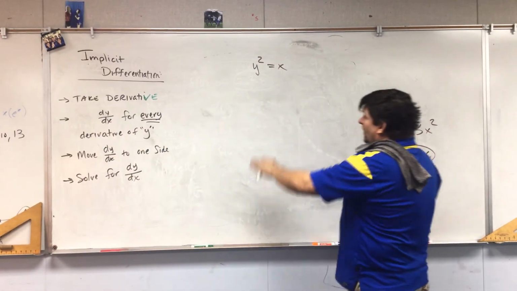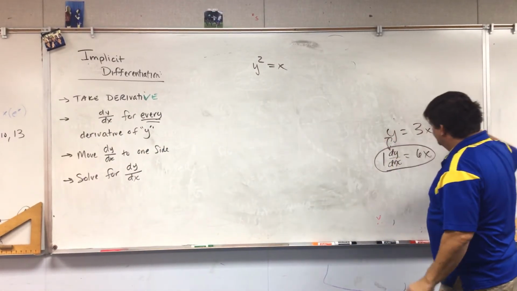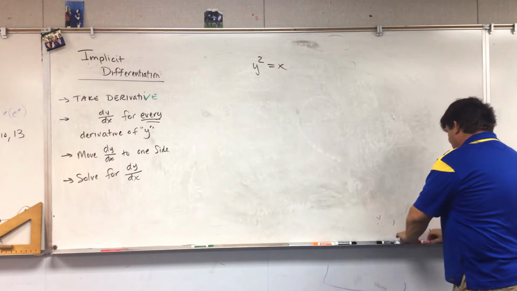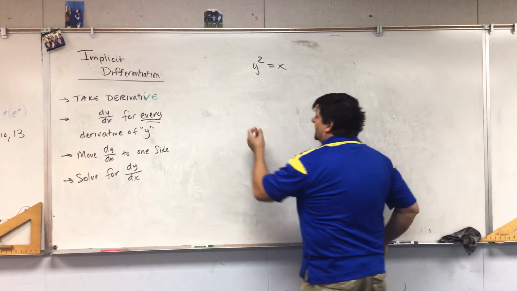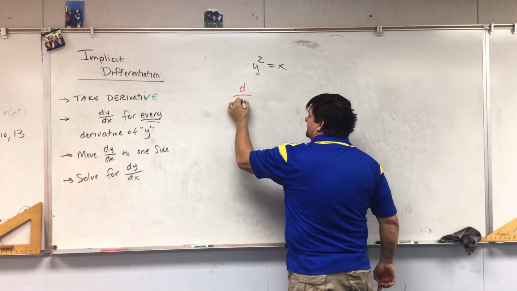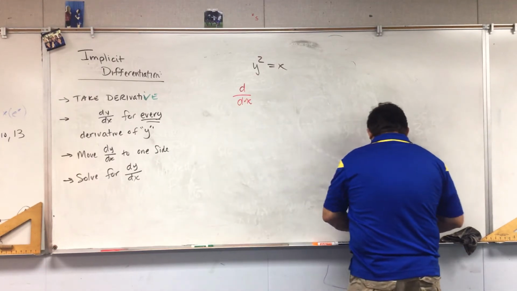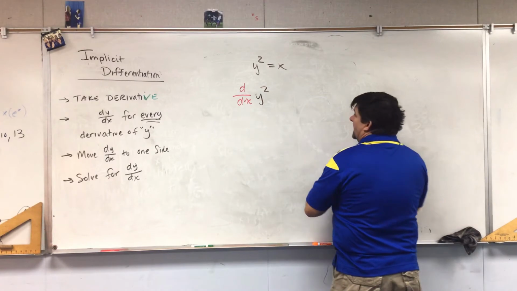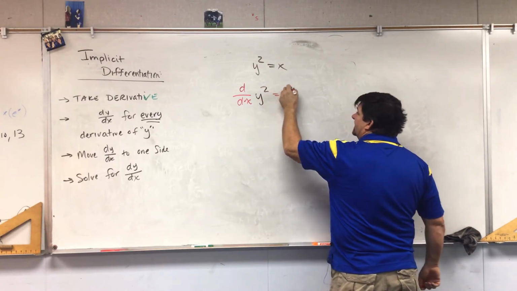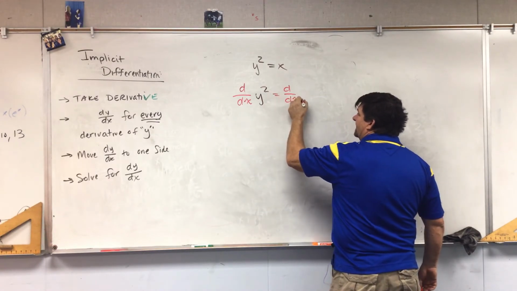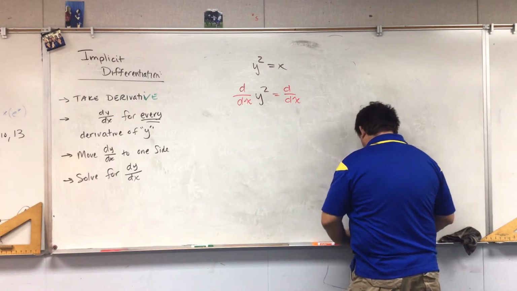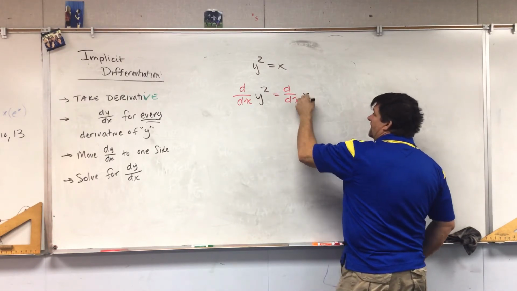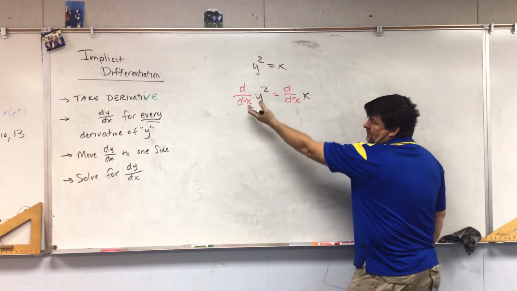So we're still working with the same thing. Let's just work with some terminology. I want to take the derivative. This means take the derivative of the left side, and take the derivative of the right side. So let's apply the power rule right here.